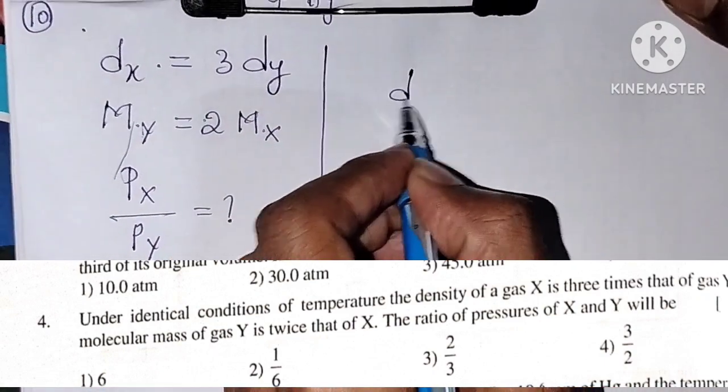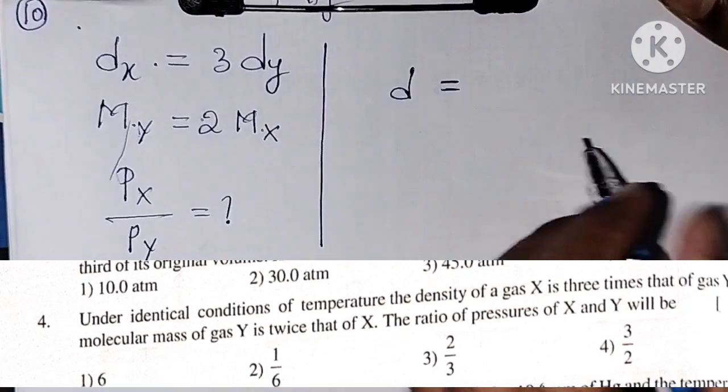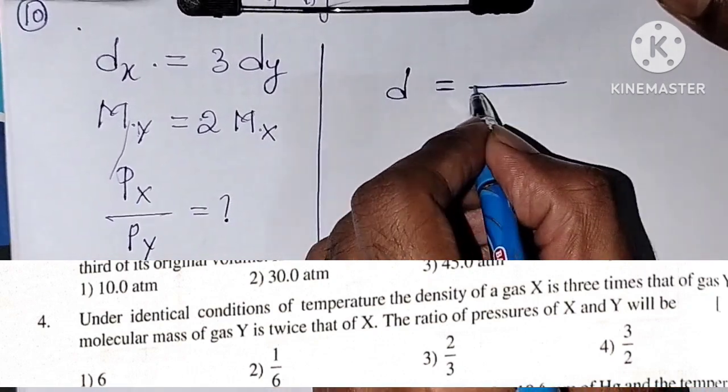So we know the density of a gas. What is the formula for the density of a gas?